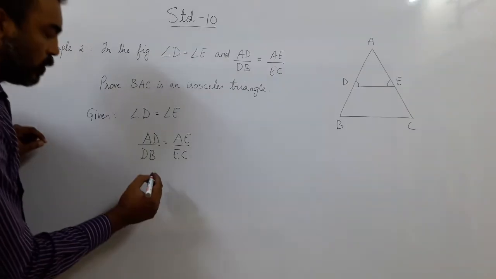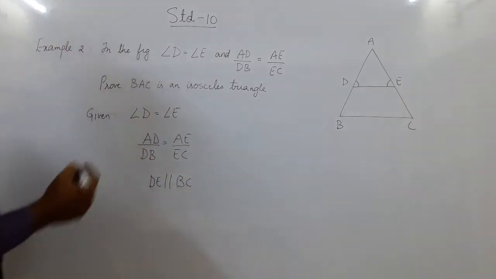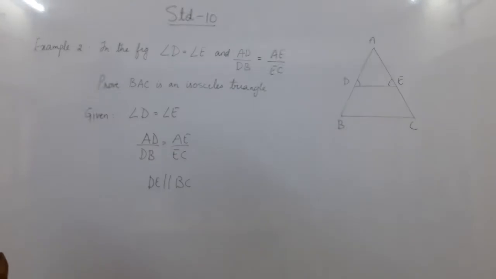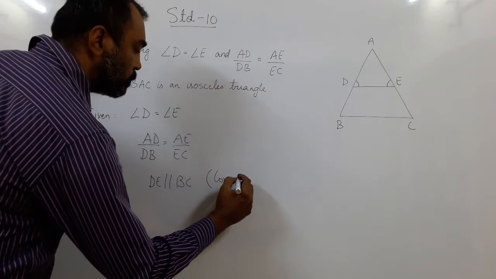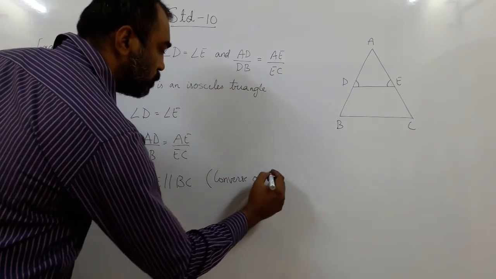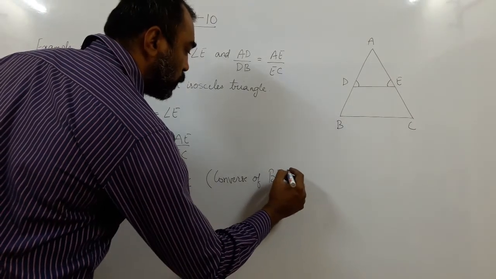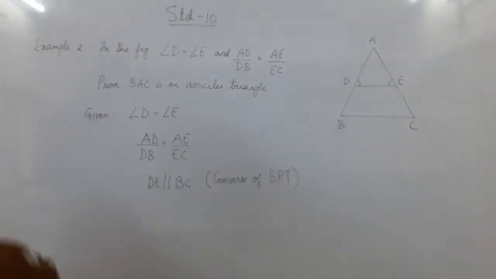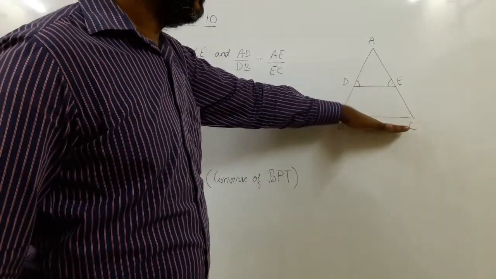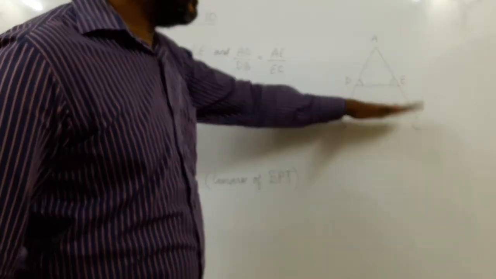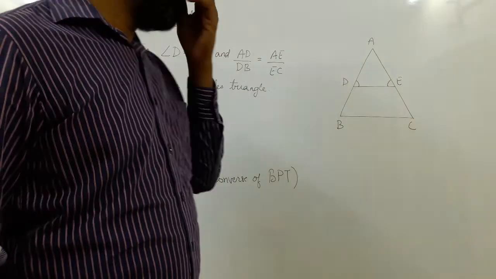So we have DE parallel to BC. Can you recall how? It is the converse of the basic proportionality theorem, which I'll call the BPT. If you remember, we did a theorem: if a line parallel to one side intersects the other two sides in two distinct points, then the ratio of the sides is equal.